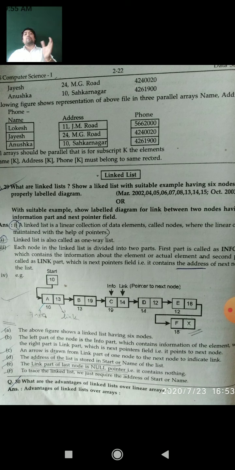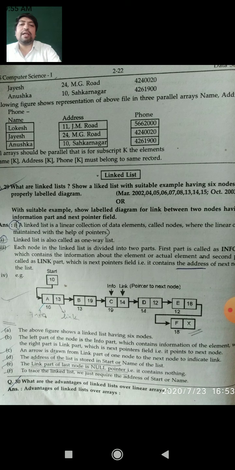What is a node? A linked list is divided into different nodes and each node has two subparts. One part is called the info part, the second part is called the address part. It may contain the address of the next node.